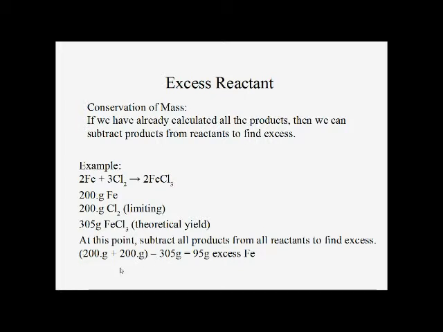So we had 400 grams of reactants, we subtract the 305 theoretical yield, and we get 95 grams in excess. We had to know that our chlorine is limiting. That would mean our excess is in the iron, 95 grams of excess iron.